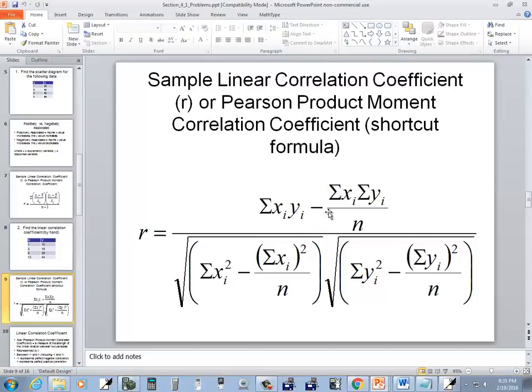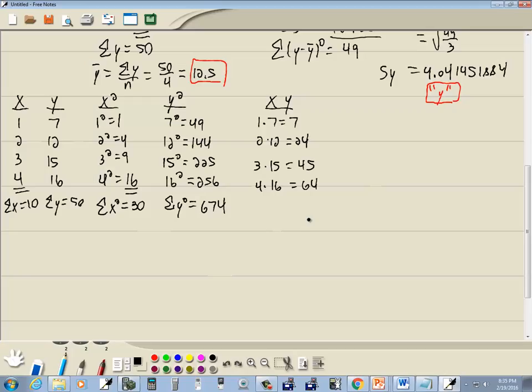Now this implies right here that we're going to add those together. So the sum of x times y is 7, 31, 76, 140. Okay. Well, now we're ready to plug into our formula.